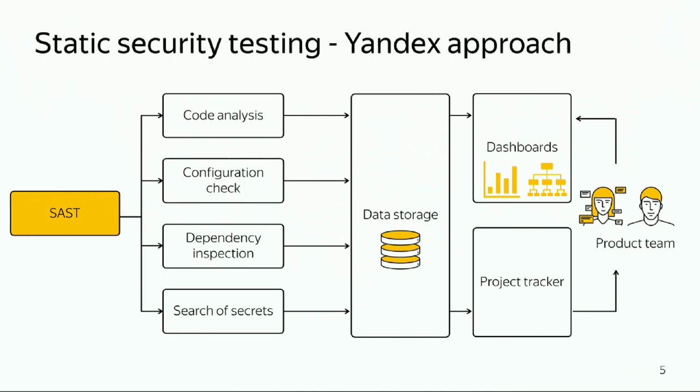But sometimes we have complicated outputs, for example the outputs from static analysis tools, and we don't want to create tickets from these outputs directly, because they could be poisoned by lots of false positives. So we send this information to dashboards and don't create tickets. The dashboards are available for our developers and our security team, and we monitor them.